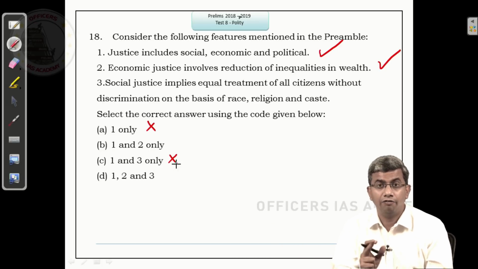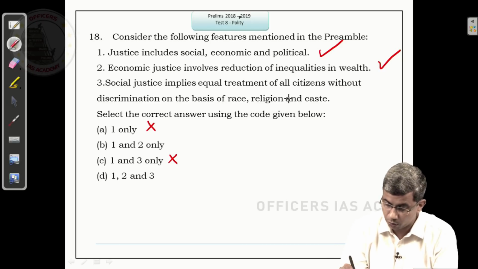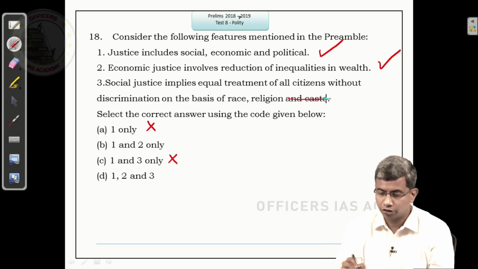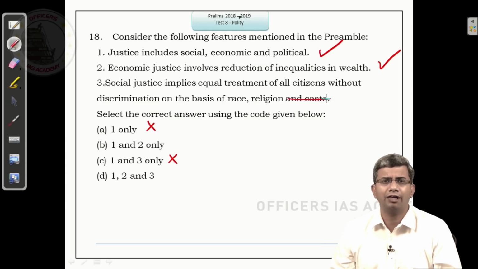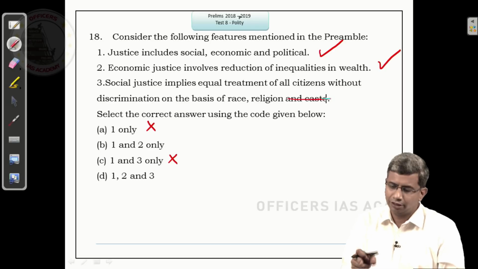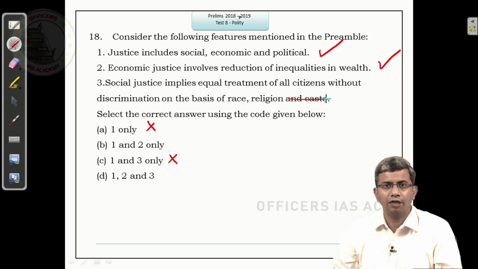In fact, when I set this question paper, I did not have this word caste. I wanted to confuse you even more, because this gives it away, isn't it? Because we know social justice means reservation for backward classes, which is based on caste. So obviously the third statement is wrong.